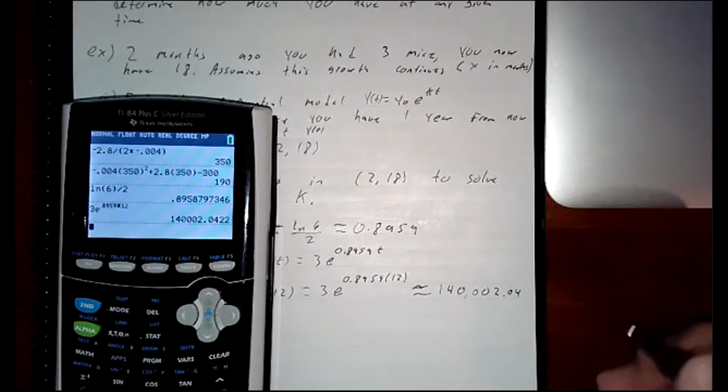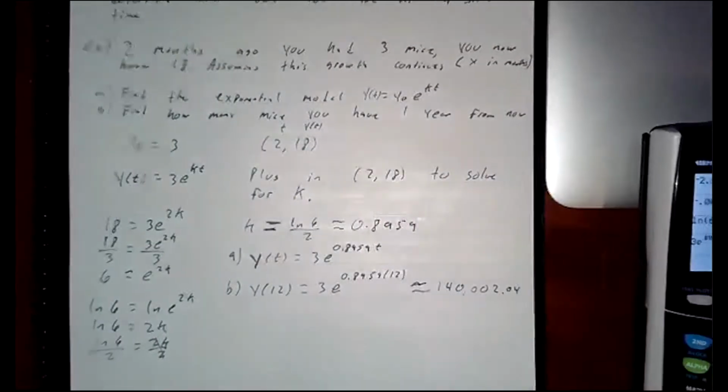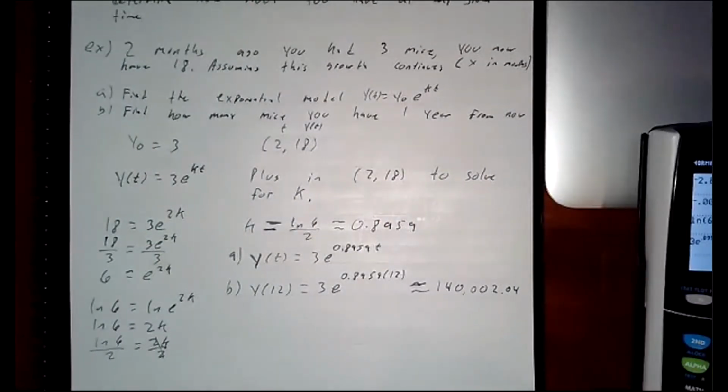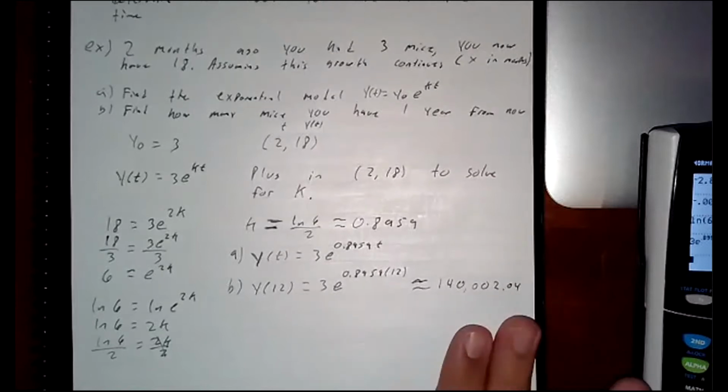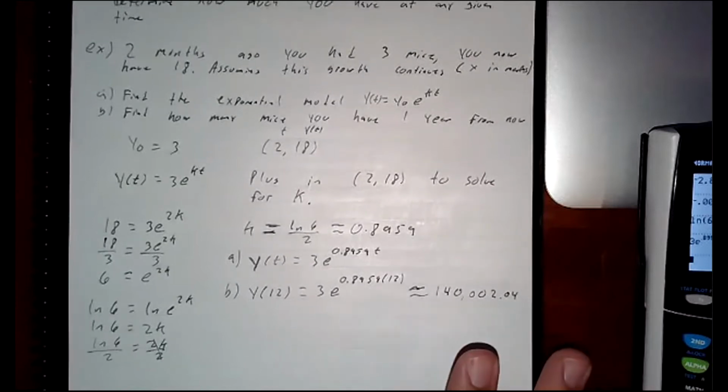Like, is this real? But yeah, if this growth continues, the mice will keep exploding, and eventually you'll have tons of mice. But these models assume, right, that there are resources and space for them to grow like this. So in a perfect world, this would happen to you if you had 3 mice. But in reality, where the heck would you put these mice?